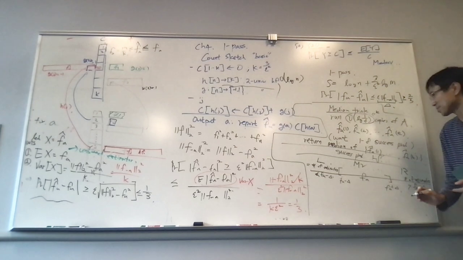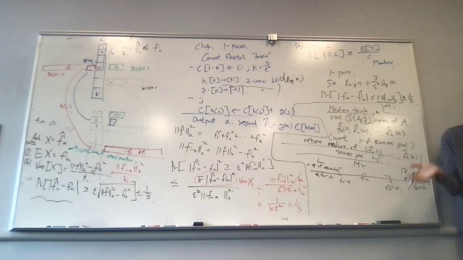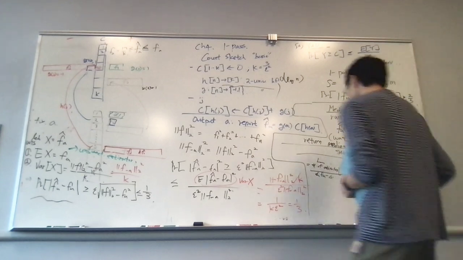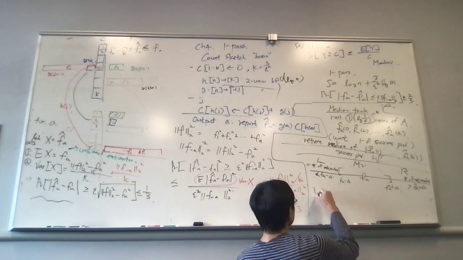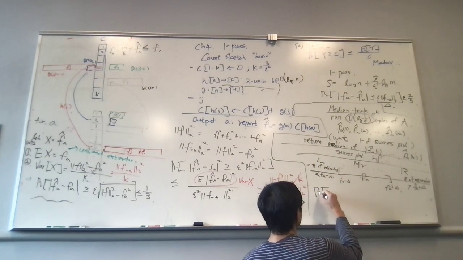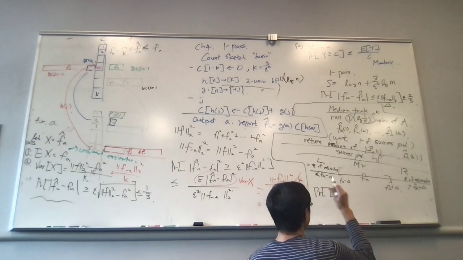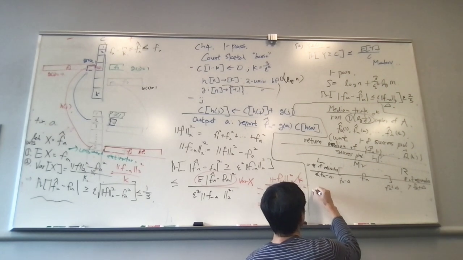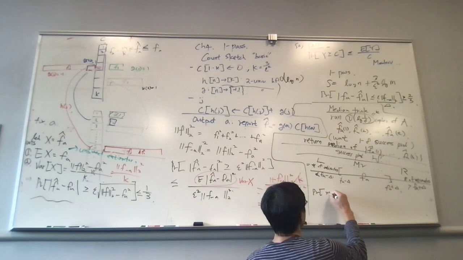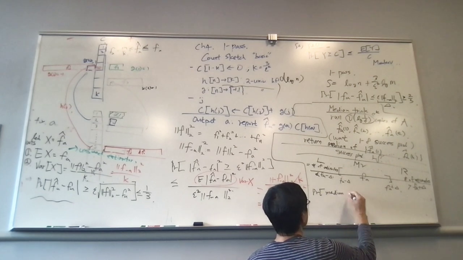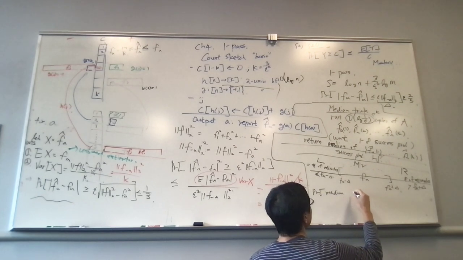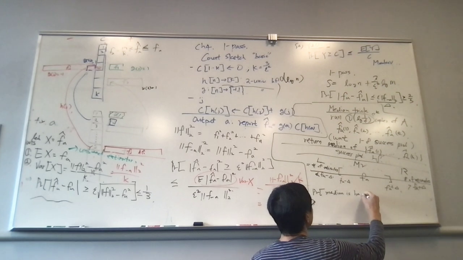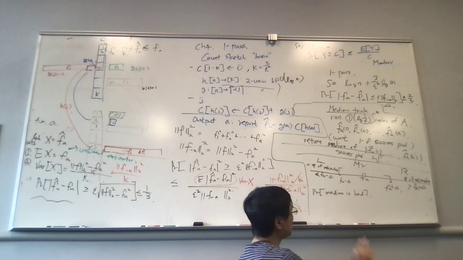This is how many times I overestimate. Then what I want is to bound the probability that the median is bad.